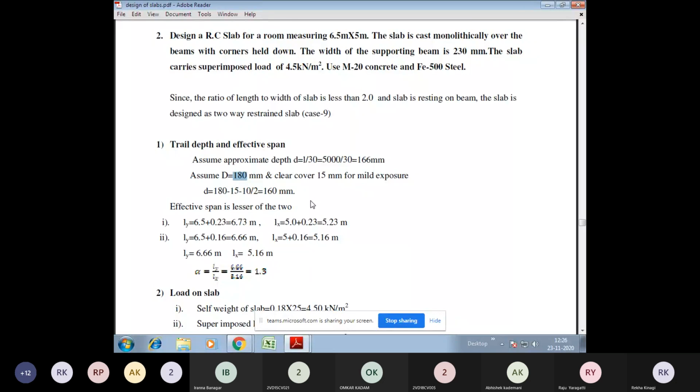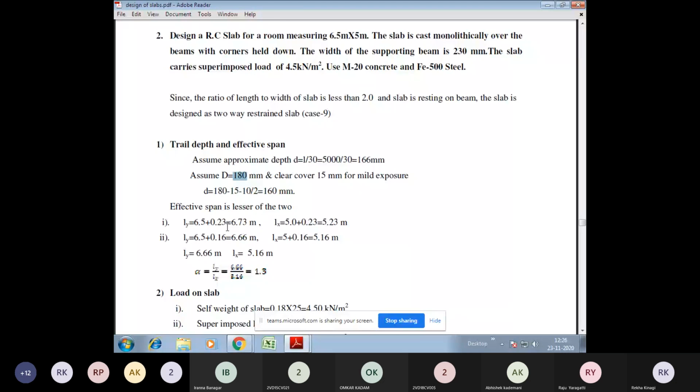Now the next thing is to find out the effective span in both directions, whether it is the Ly direction or the Lx direction. That is the center to center distance between the supports. Here the width of the supporting beam is 230 mm, so on either side a 230 mm beam is there.